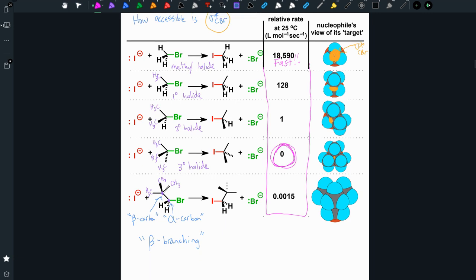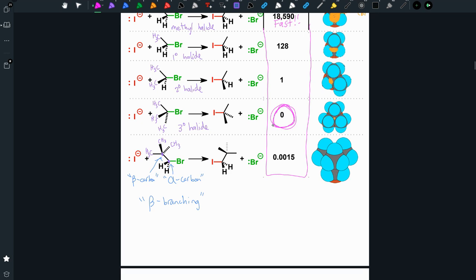So one takeaway here is you can never do SN2 at a tertiary carbon. And we can do it sometimes at a secondary. There it's pretty slow, but it happens.